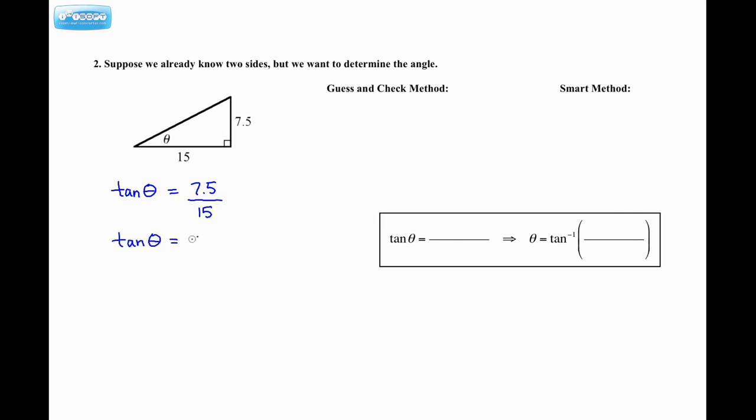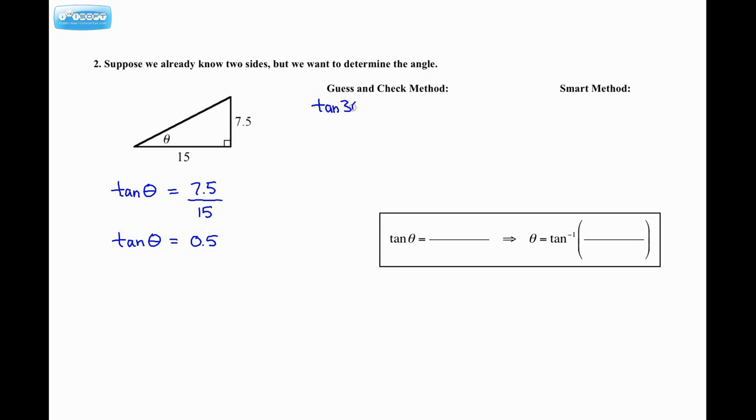I can write that as a nice decimal. Okay? So I need to figure out what angle I can put in my calculator such that if I take the tangent of it, it gives me 0.5. Okay? So let's just look at the picture and take a guess. Maybe this is 30 degrees. Okay? Let's check. See how close we get.